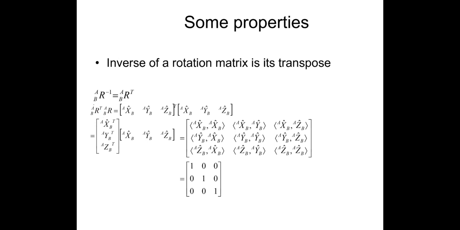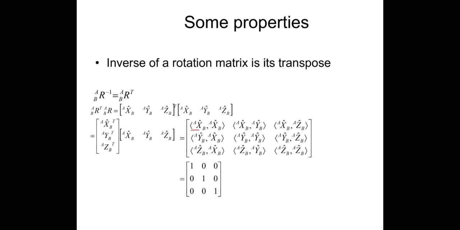If we calculate the transpose of RAB multiplied by the original RAB, we do the transpose and then the original matrix. So then we have the calculation of these two.